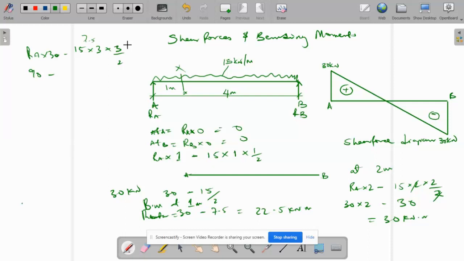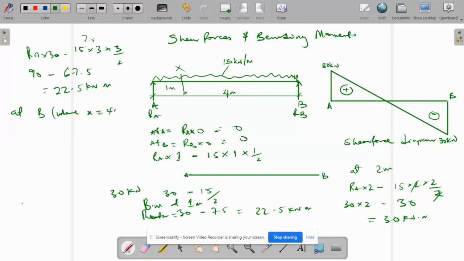So what we will have is 7.5 times 9, which is equal to 67.5. So 90 minus 67.5 is equal to 22.5. So at 3 meters, our bending moment is equal to 22.5 kilonewton meter.